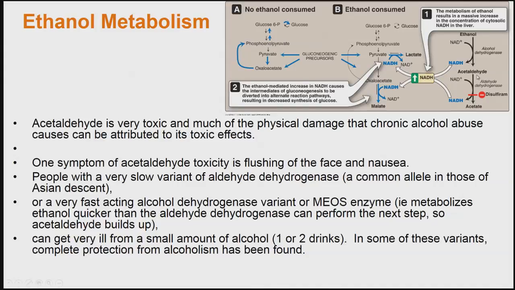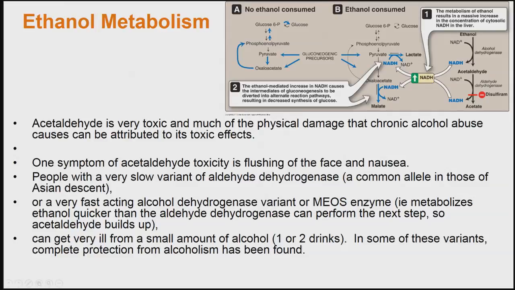And that includes flushing of the face, and you start getting nauseous, even after only a small amount of alcohol. Okay? It's known that it's a common allele in those of Asian descent. So these people can't drink very much. Maybe even a single drink would be enough to make them very, very ill and very flushed and nauseated.